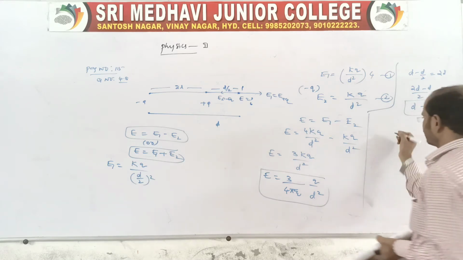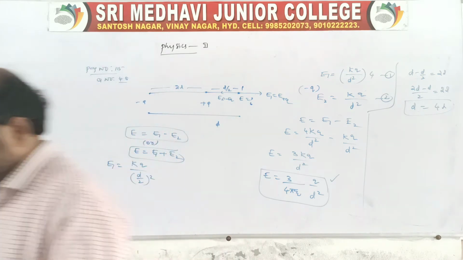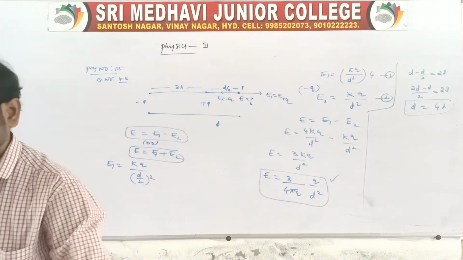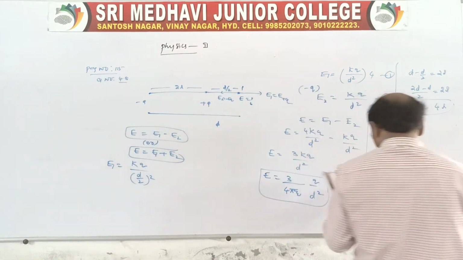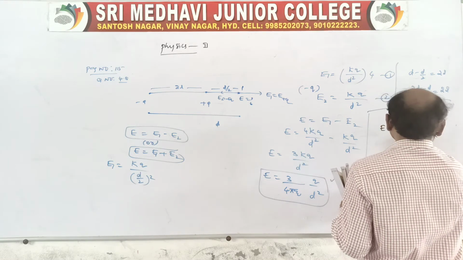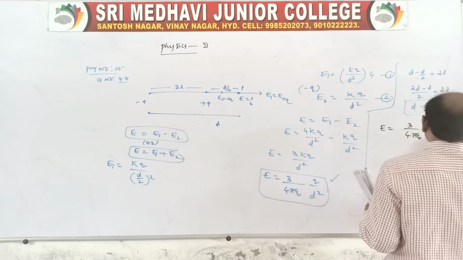Suppose you write here instead of this, of course it is also right, you don't worry, but we can also take a simplification by using this. By using this also we'll get the final equation. So substitute d here: E is equal to 3 by 4 pi epsilon naught, q by d, where d value will be 4l square.